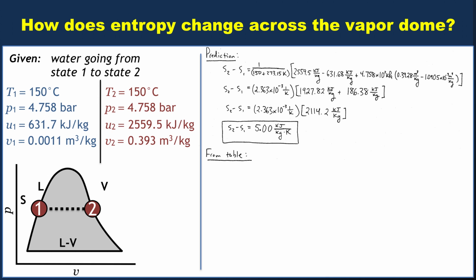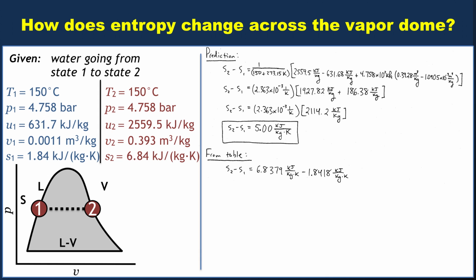So according to the table, we look it up. S1 is 1.84 kilojoules per kilogram Kelvin, S2 is 6.84, same units. So now S2 minus S1, just take the difference between those two numbers, and I used a little more precision there, but it still comes out to 3 significant digits to be S2 minus S1 is 5.00 kilojoules per kilogram Kelvin.